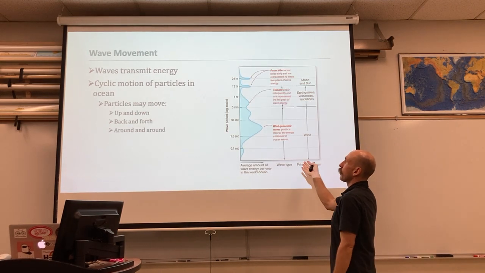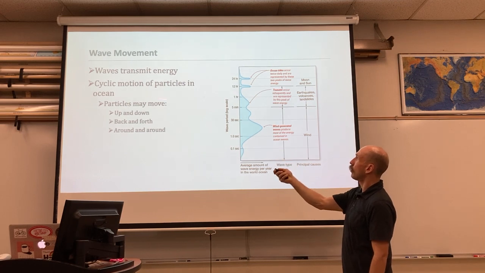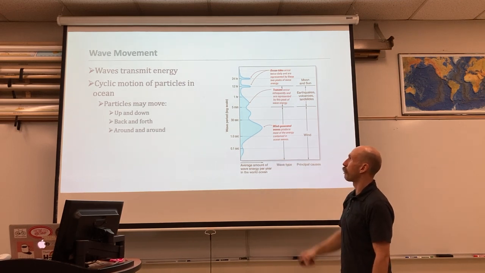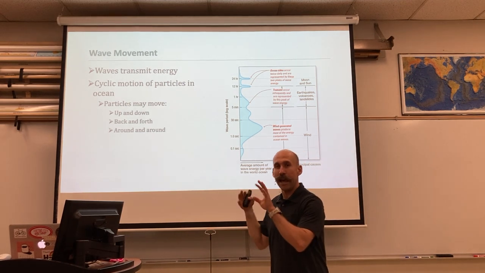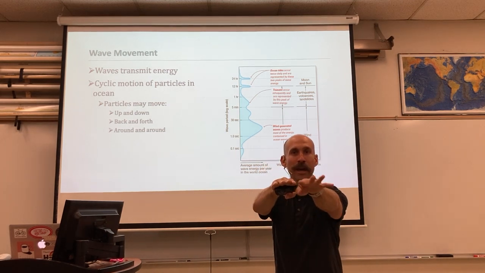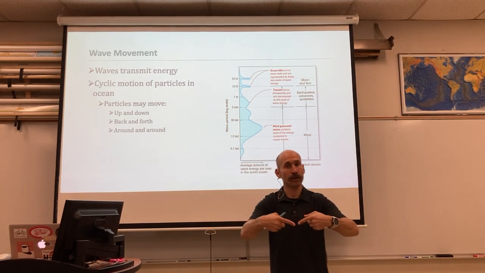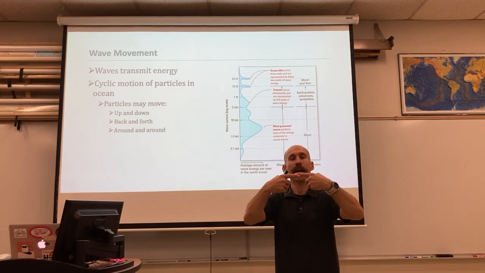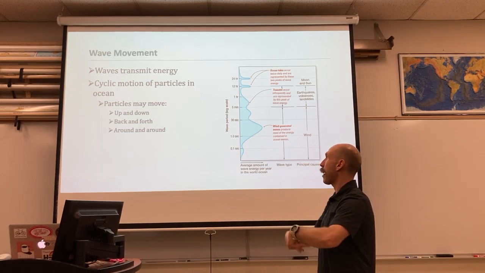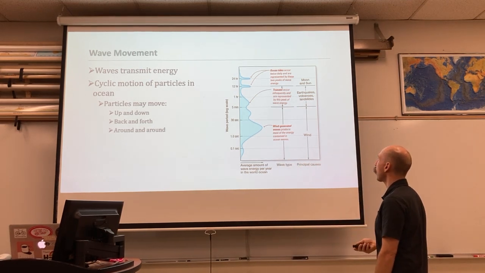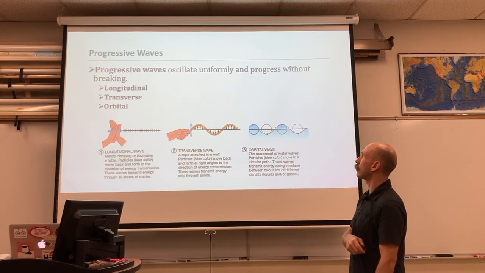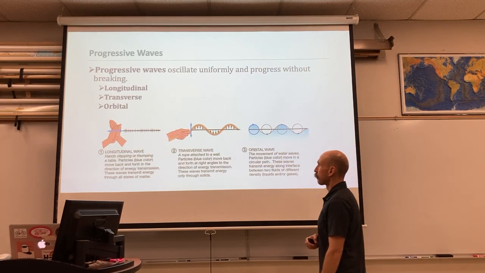So what are waves doing? Waves are transmitting energy. And the energy travels in a wave. The ocean particles, the molecules, actually end up in the cyclic pattern where the particle moves up and down, back and forth, around and around.